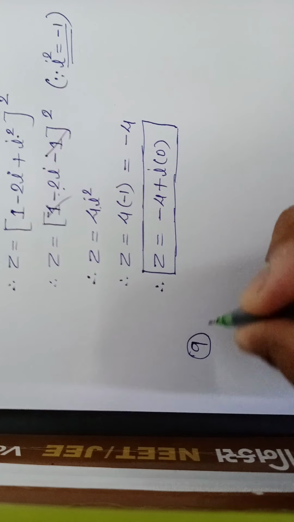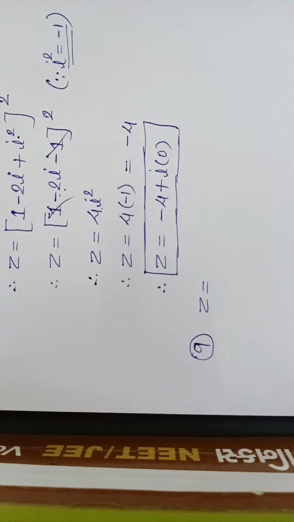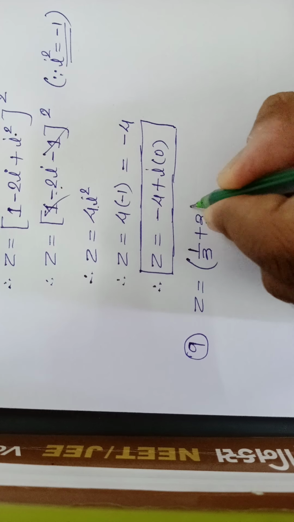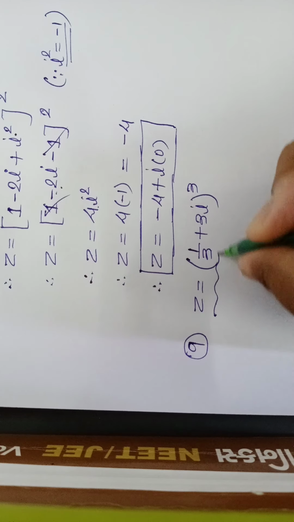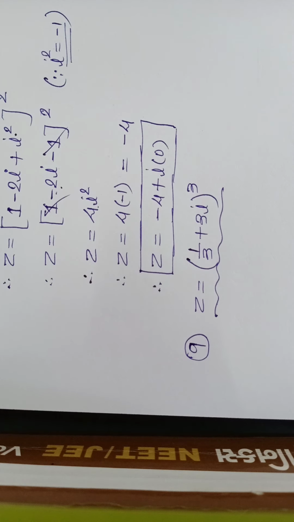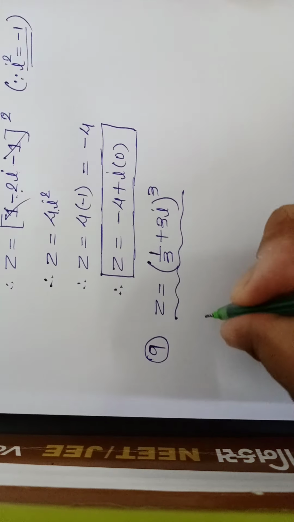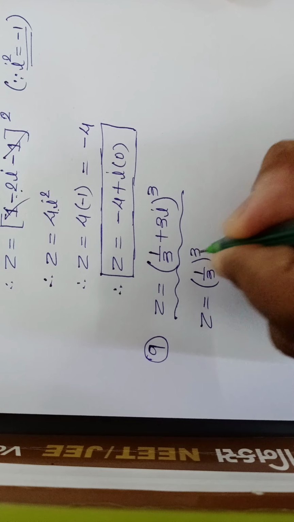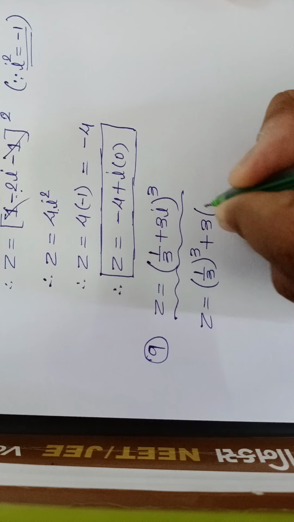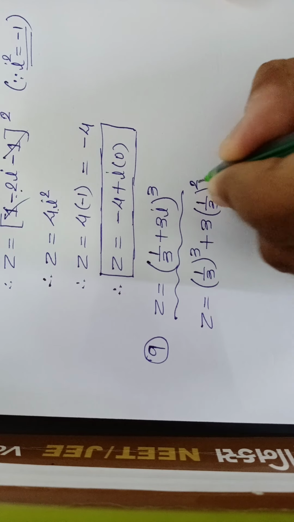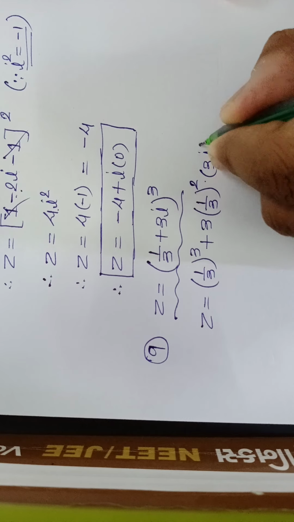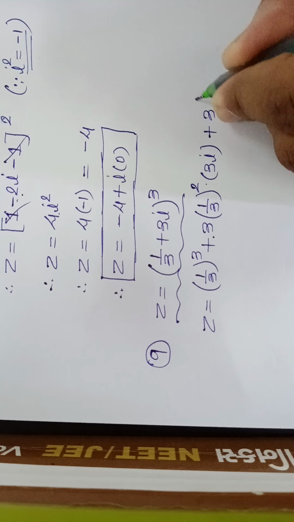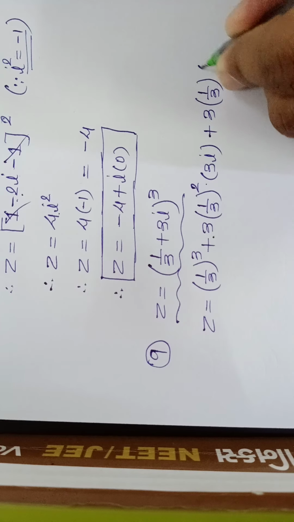Question number 9. A complex number Z is equal to (1 by 3 plus 3i) whole cube. So it is (x plus y) whole cube, and you know the expansion is what? Z is equal to first term cube, x cube, plus 3 times first term square and second term, x cube plus 3x square y plus 3xy square, right?